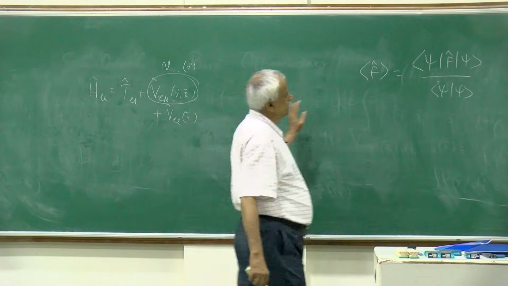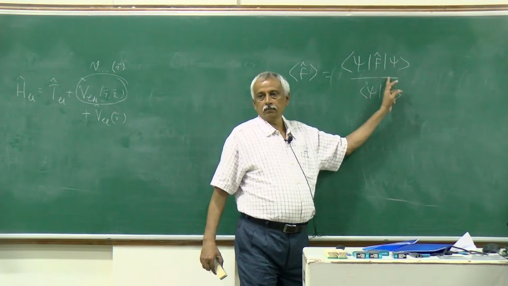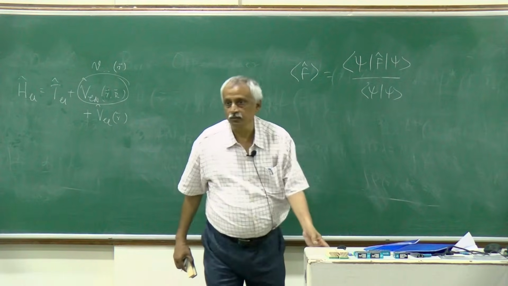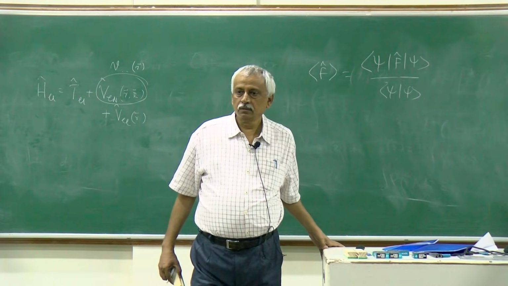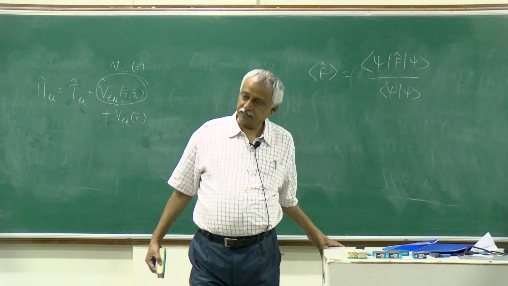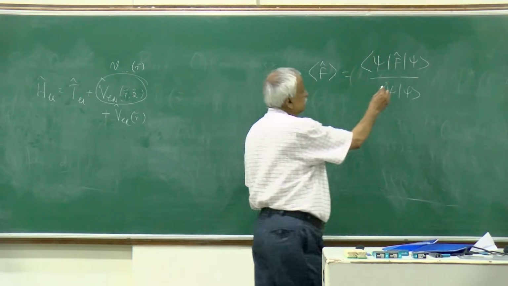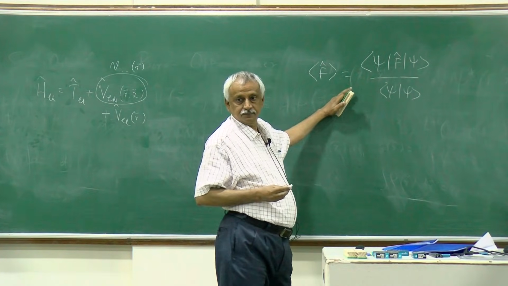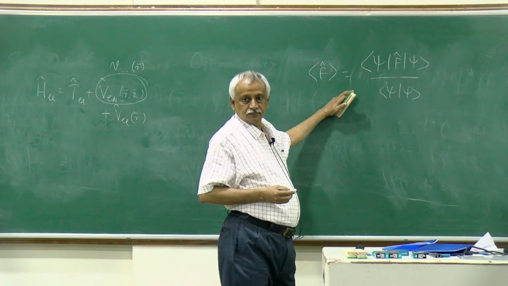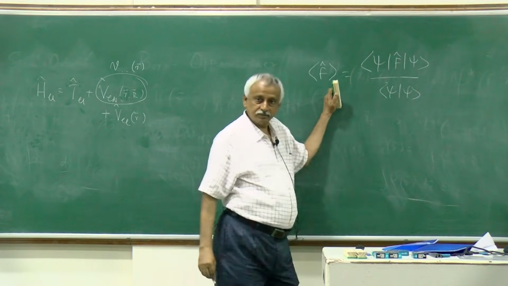Now, the first thing, if it is a one particle multiplicative operator, then if I put that V of r over here, I can take this psi star to this side.